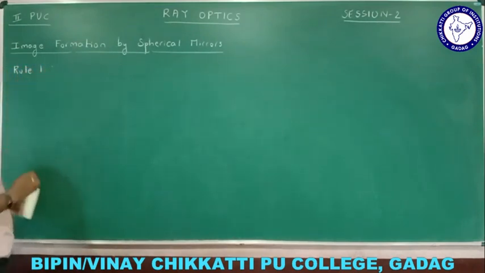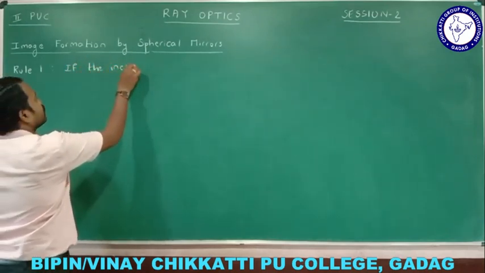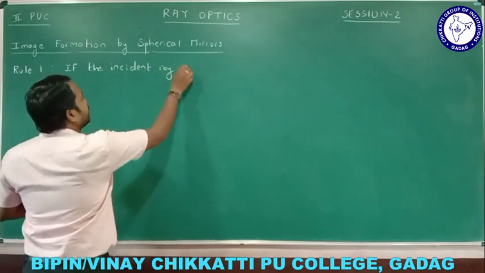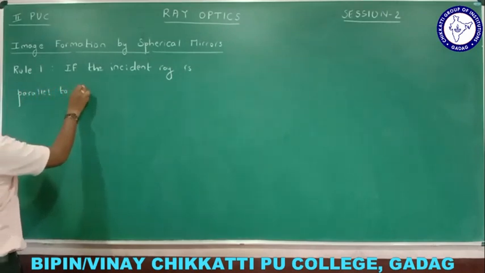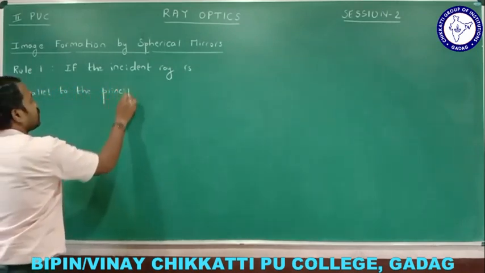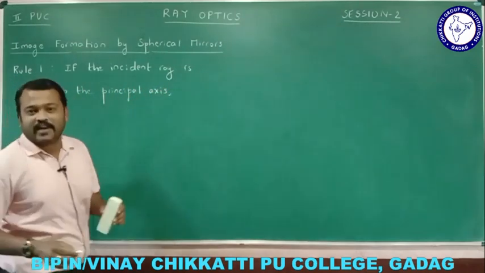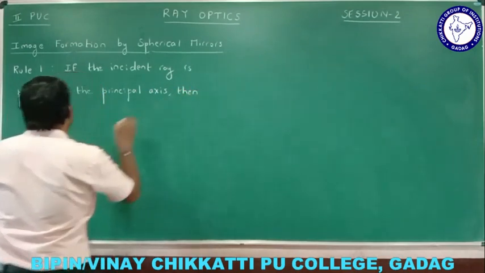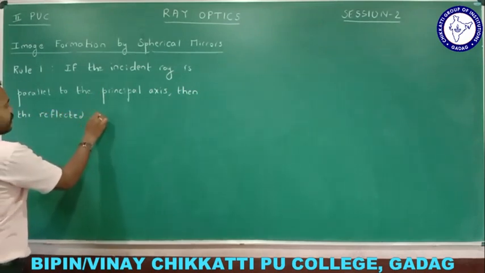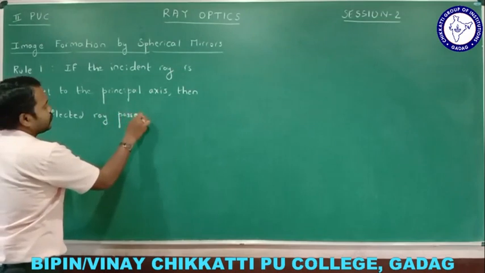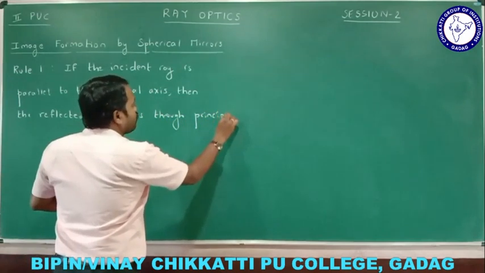Okay, the first rule says that if the incident ray is parallel to the principal axis, then the reflected ray passes through the principal focus.